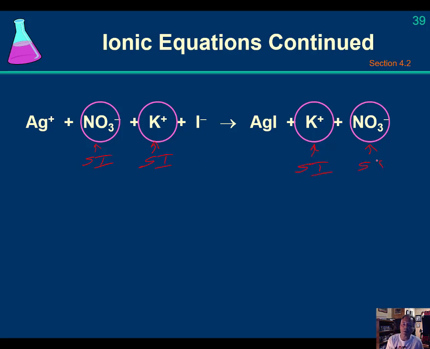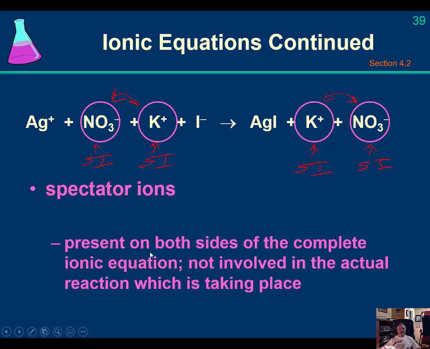These are spectator ions. How to identify them? Well, they're ions on the reactant side, and they're still ions on the product side. What that means is they didn't do any chemistry. They're just hanging out there, not doing chemistry, essentially watching the chemistry that actually does go on.